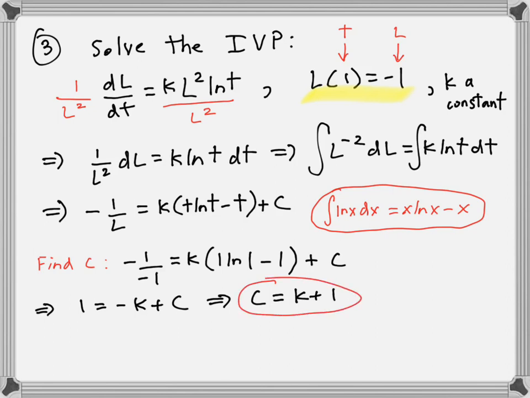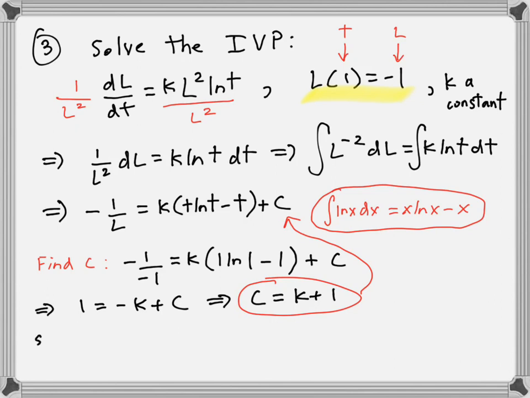Once you find c, plug it back into our solution. Sorry, I meant to draw it over to here, right? In other words, we're going to replace that c with k plus 1.